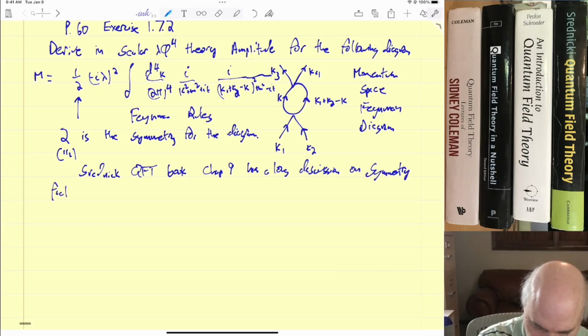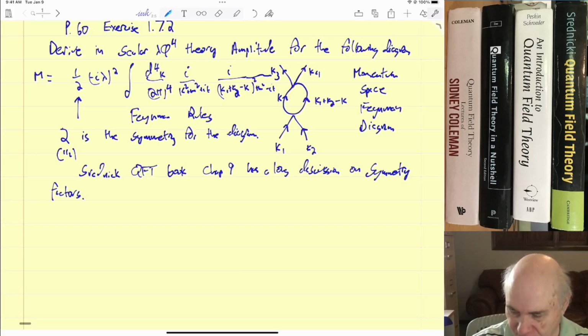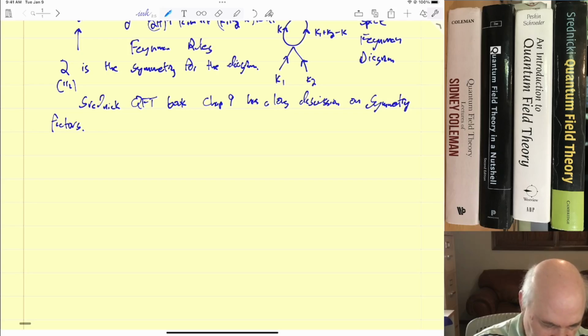They only occur when there are loops, and most theoretical physics students aren't going to go beyond a one-loop diagram, so usually the symmetry factor when you have a loop is like 2 or 3 or something like that. That's why the books tend to ignore it, but it's interesting to see how it comes about. Chapter 9, page 58.